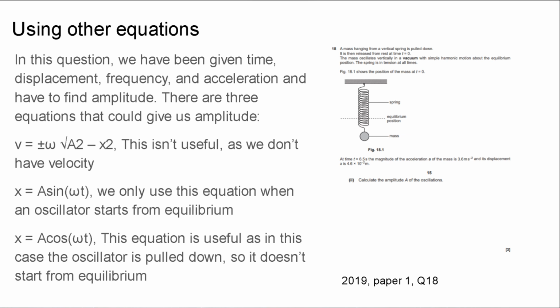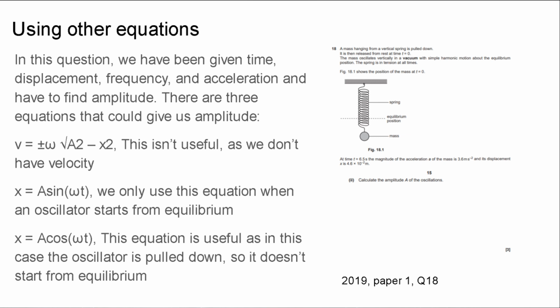In this question, it specifically says that the mass is pulled down off equilibrium. If there is any kind of energy present in the system before the mass starts to move, that means you start with cos. And this equation is useful as in this case, the oscillator is pulled down, so it doesn't start from equilibrium.